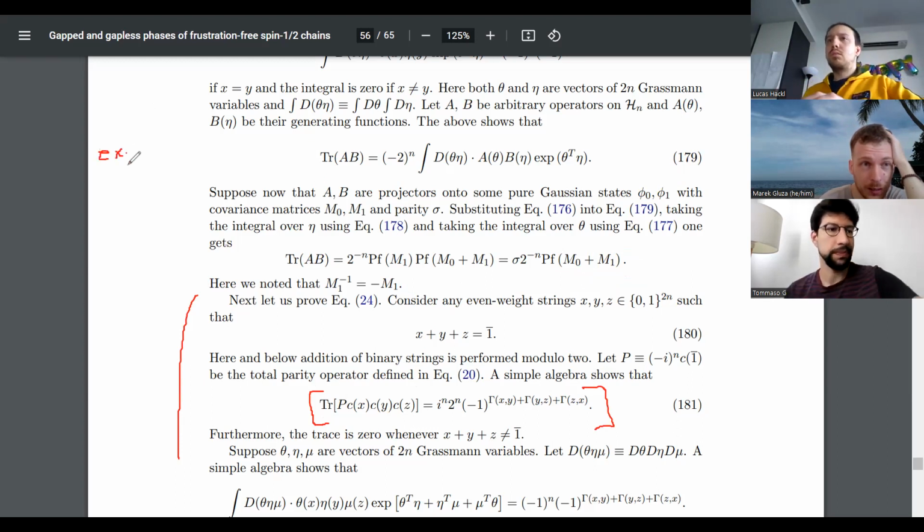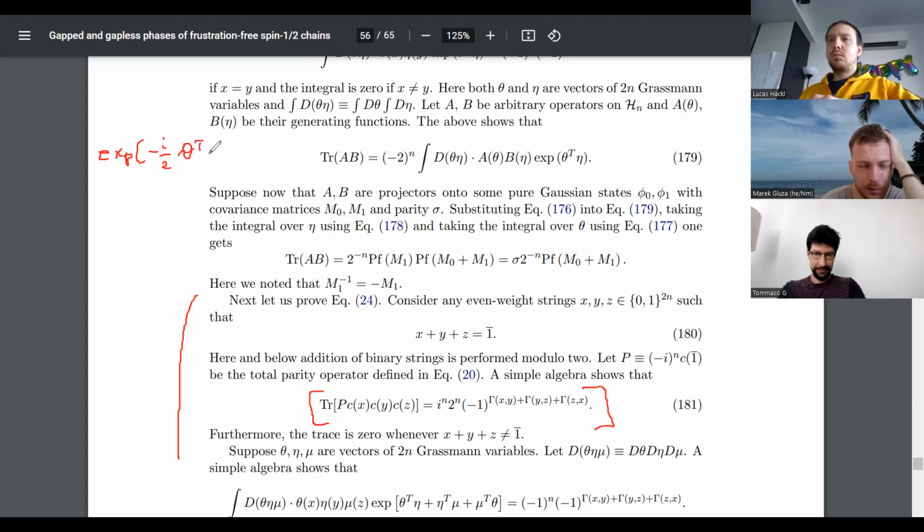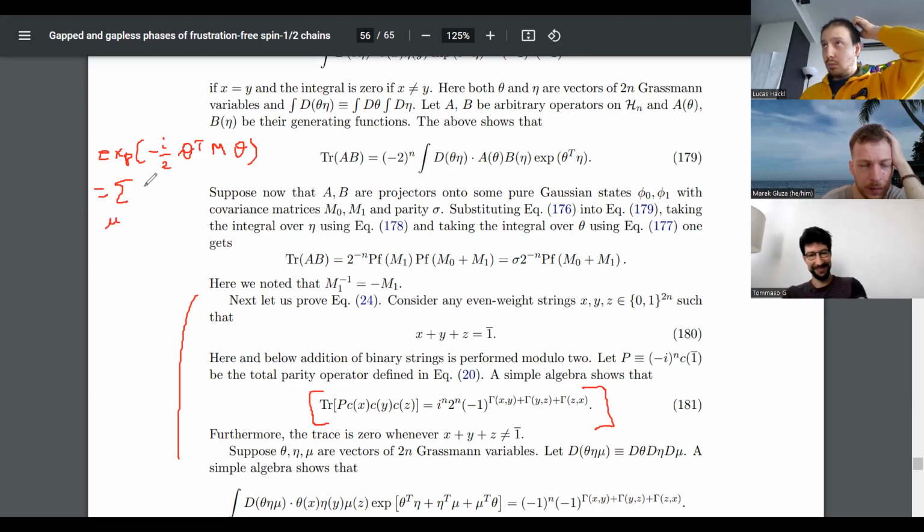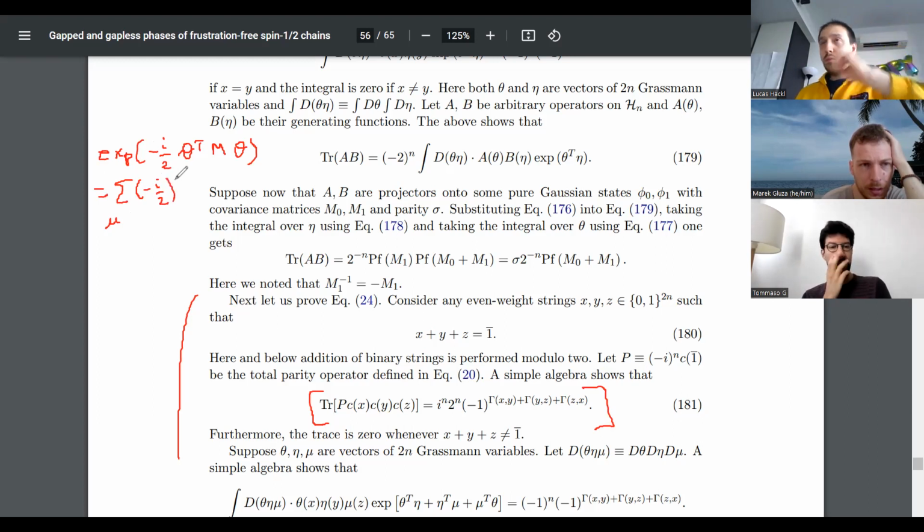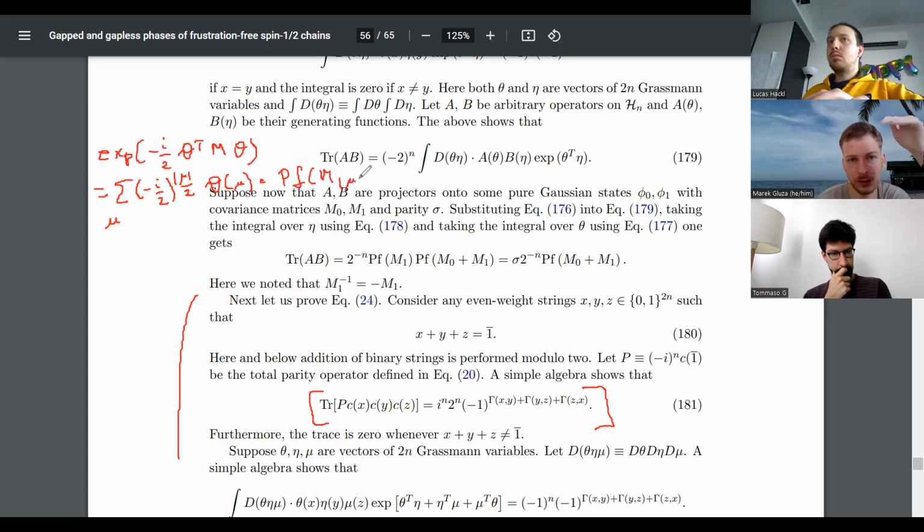So if I have the exponential of minus theta transpose M theta, as in this paper, then we can expand this in our ordered monomials, and what we will get is e to the minus half to the power mu, and then theta to the mu, and the coefficient will be the Pfaffian of the matrix M restricted to rows and columns indicated by the binary string mu.